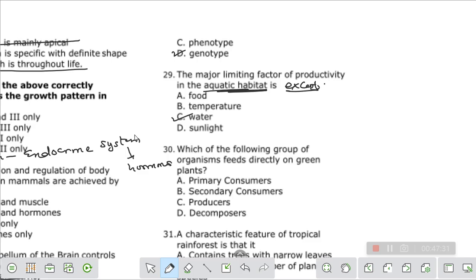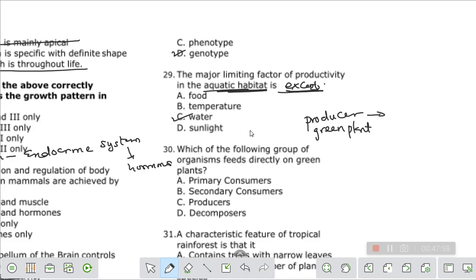Anything that feeds on a primary consumer is a secondary consumer. Anything that feeds on a secondary consumer is the tertiary consumer. Anything that feeds on a tertiary consumer is what? Decomposer, maybe. So the organism that feeds directly on green plants is the primary consumer.